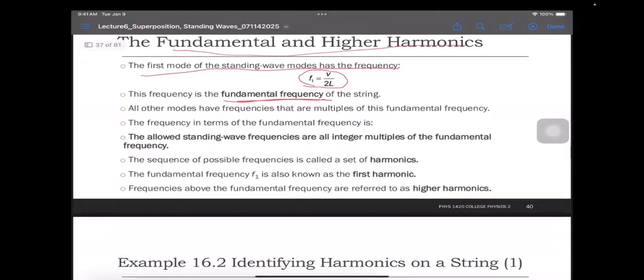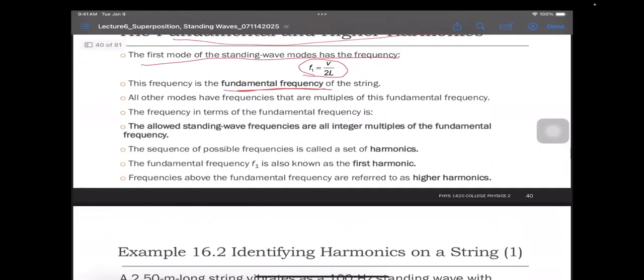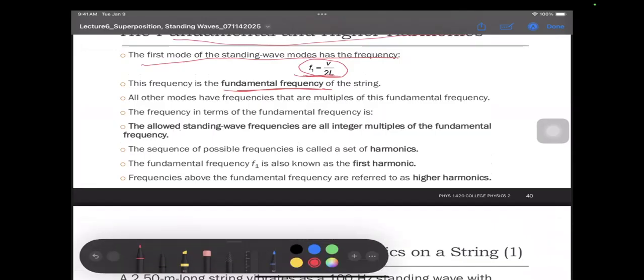The allowed standing wave frequencies are all integer multiples of the fundamental frequency. Here is the fundamental frequency, and the allowed standing wave frequencies are just multiples, with m going from 1 to an unlimited number, but it is an integer. The sequence of possible frequencies is called a set of harmonics.